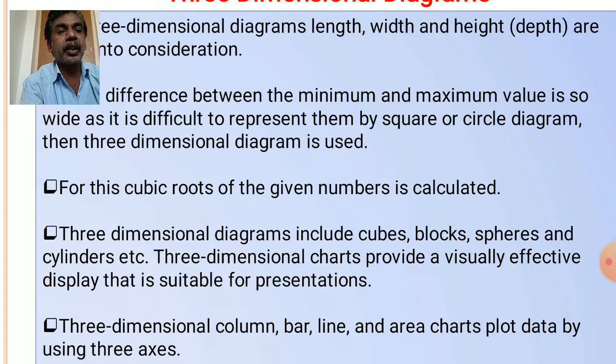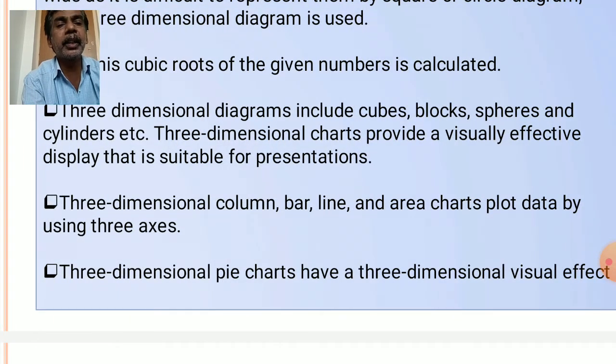Three-dimensional charts provide a visually effective display that is suitable for presentations. These diagrams are used for representing statistical data, analyzing it, and taking useful decisions by businessmen or economists. Three-dimensional column, bar, line, and area charts plot data using three axes.